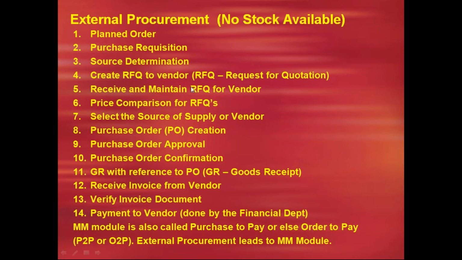Then we'll receive and maintain quotations from vendors. Then the vendors will respond to the company's quotation with their price and conditions. So we'll do price comparison for quotations, RFQs. And finally, we'll select the source of supply or vendor based upon the price, quality, delivery, and the service.